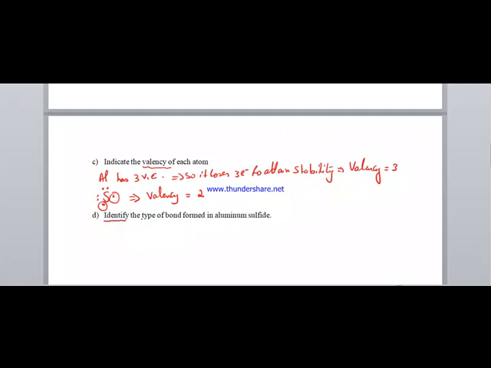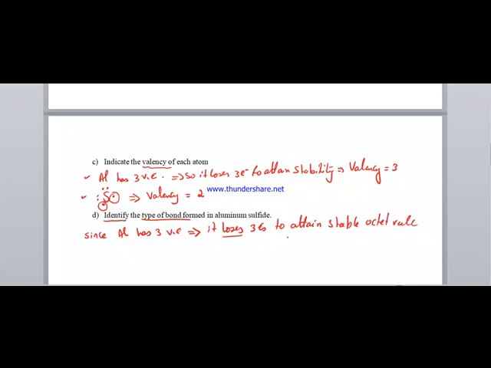Next, we need to explain the type of bond and how the bond is formed in aluminum sulfide between aluminum and sulfur. Since Al has 3 valence electrons, it loses 3 electrons to attain a stable octet.